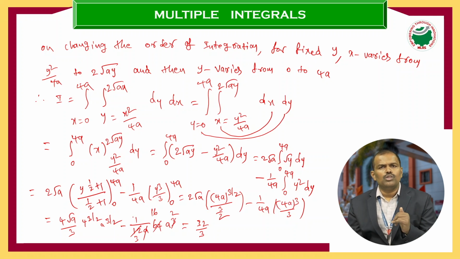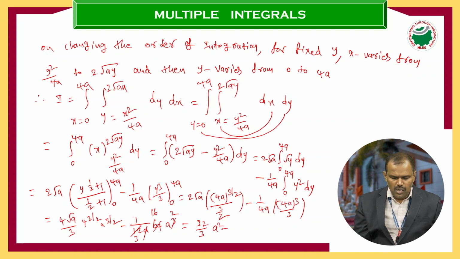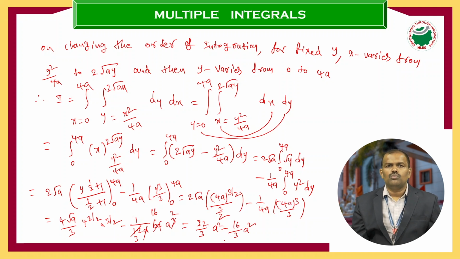A power 1 by 2 into a power 3 by 2. We know that when bases are equal, powers should be added. A power 1 by 2 plus 3 by 2 is 4 by 2, which means 2, a square. Minus, already here after cancellation, 16 by 3 a square. So 32 minus 16, 16 by 3 a square is the answer.